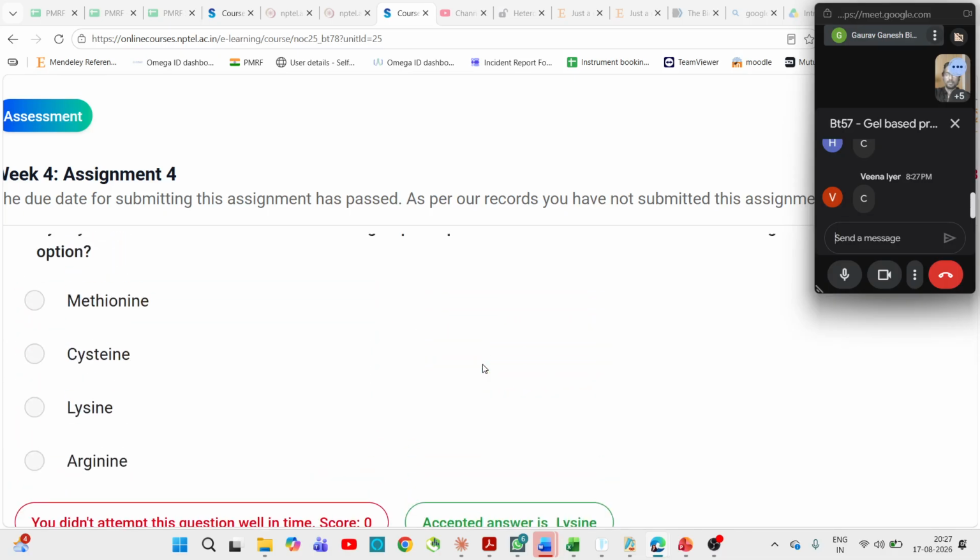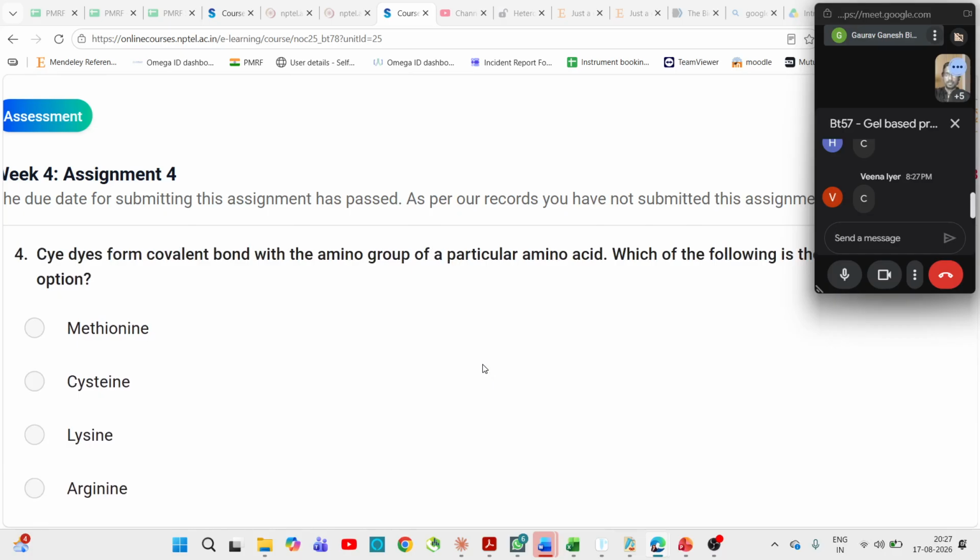Why lysine basically? Can anybody elaborate on that? Obviously CyDyes will interact with lysine, but why was lysine preferred generally for dyeing? Instead of CyDyes, people might have used any other type of dye as well, but they went with CyDyes itself. So there were different benefits of that. So currently, my question is why lysine was selected.